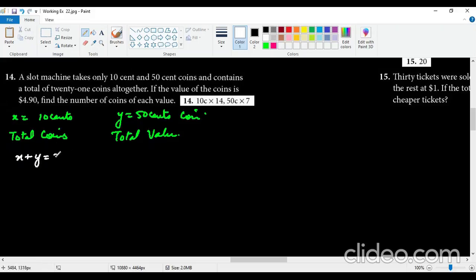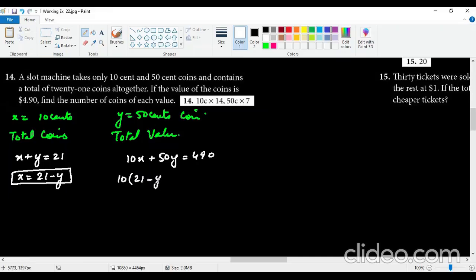I know very well that x will be equal to 21 minus y. This is from the first equation. The second condition says that 10x plus 50y equals 490. I have converted into cents. I know the value of x is 21 minus y, so 10 times (21 minus y) plus 50y equals 490.